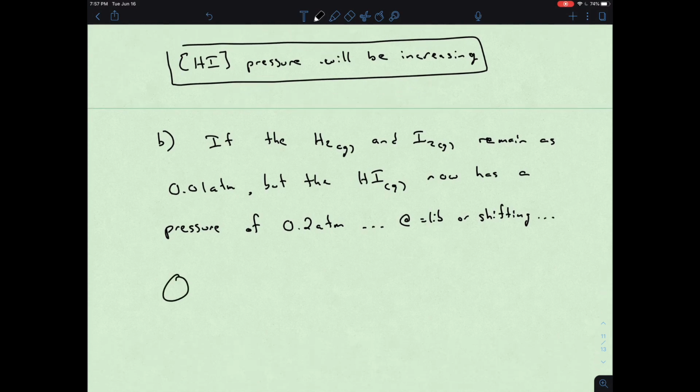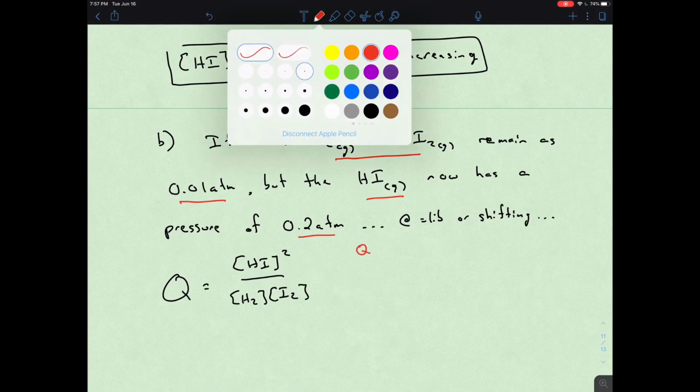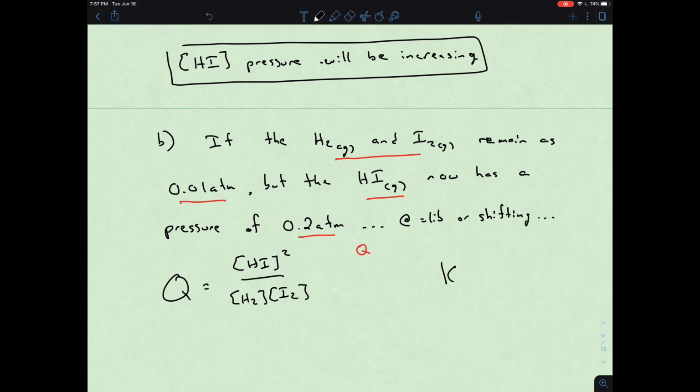So our Q is remaining the same. We have the same reaction, so we just are really doing the exercise again. And here we have now our new set of Q values. We have the H2 and the I2 remaining the same, but now we have our HI changing, and our equilibrium constant with regards to pressure is not changing, right?